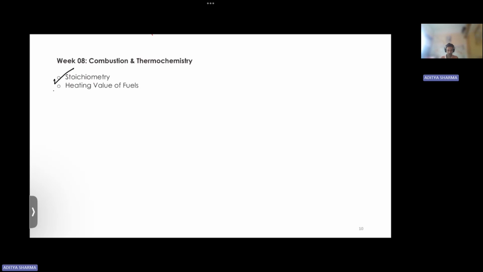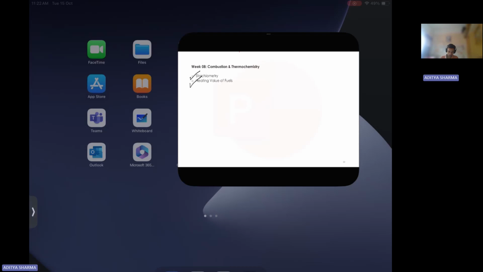Here we see stoichiometry and heating. We will discuss stoichiometry and heating value of fuels. So what is a high heating value and what is a low heating value?